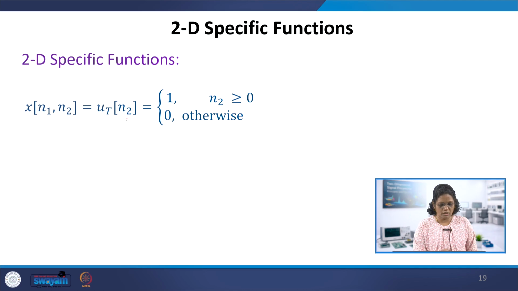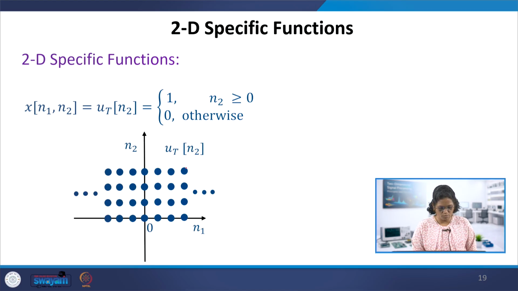So n2 cannot take negative values, but n1 can take both positive and negative values. How would the signal look? The step sequence would spread across the first and second quadrant, whereas in the previous case it spread across the first and fourth quadrant. So this is u of n2.